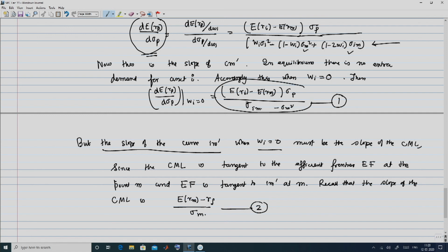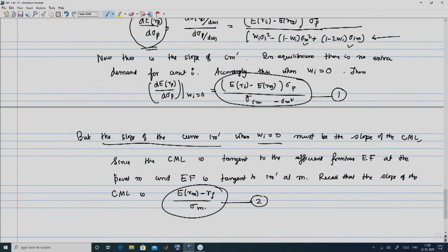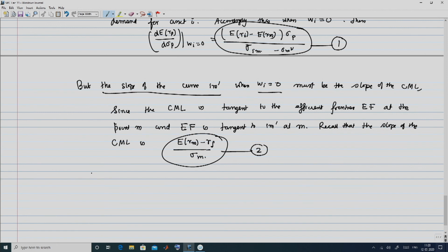Since both slopes have to be identical, equating the expressions 1 and 2, what will we get?